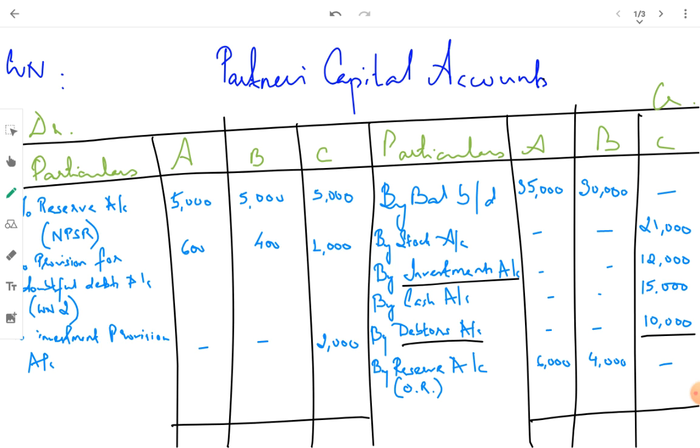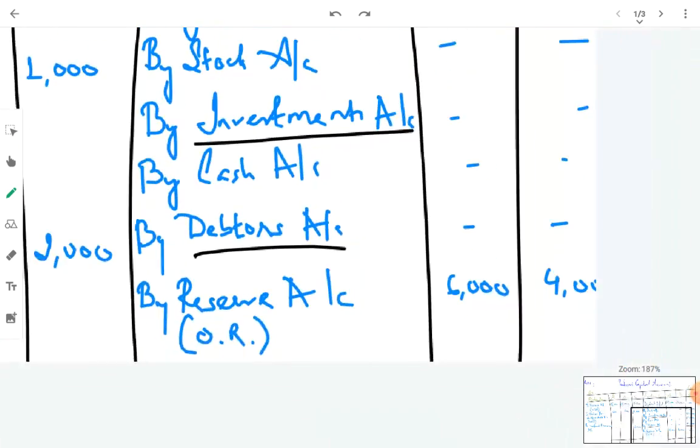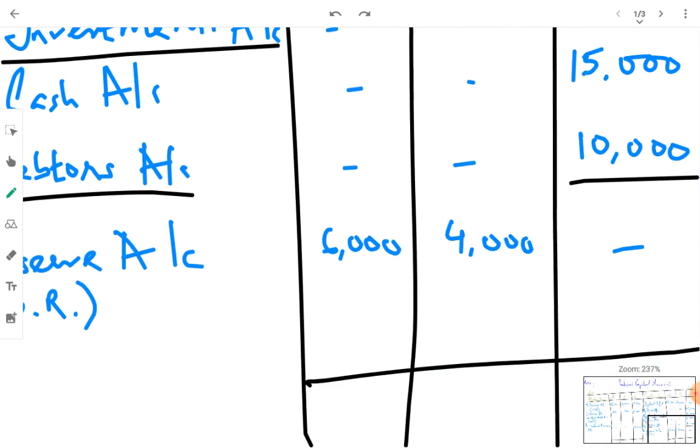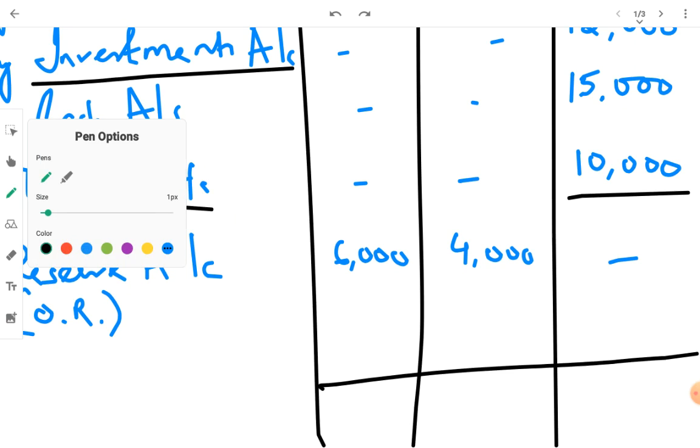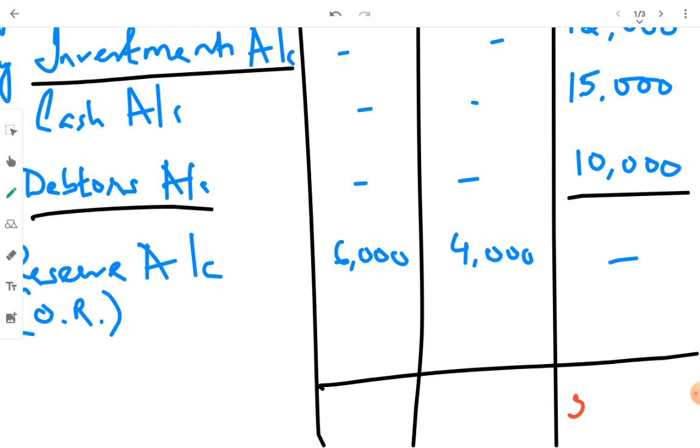You should be getting it around, okay, credit side, rupees 58,000. Let me just zoom in. Okay, so for partner C, you've already calculated and it's coming to rupees 58,000. Let's balance this now.